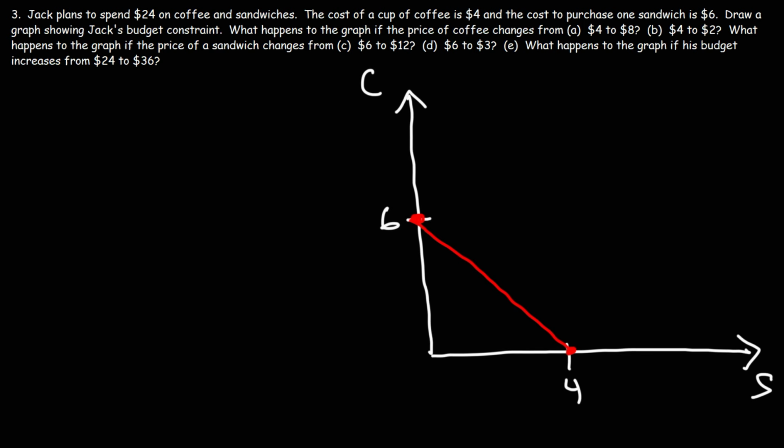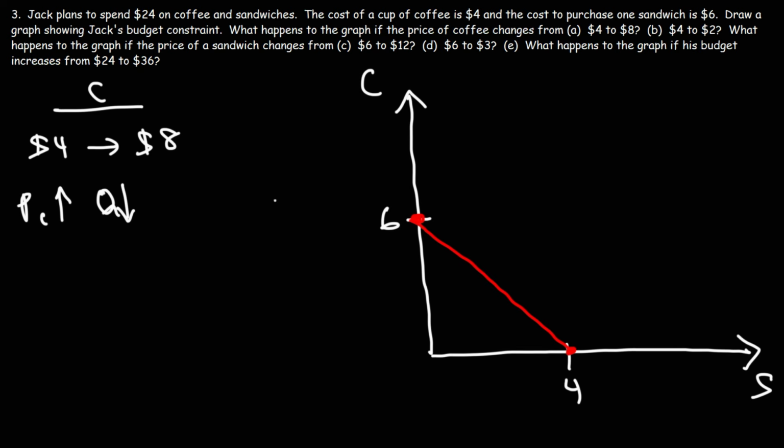Now let's move on to part A. What happens to the graph if the price of coffee changes from $4 to $8? If the price of coffee goes up, how does that affect the shape of the graph? As the price of coffee increases, the maximum quantity that he can purchase is going to go down.